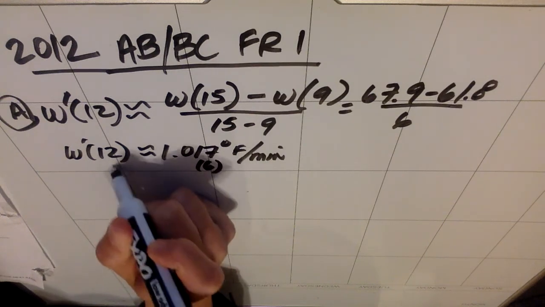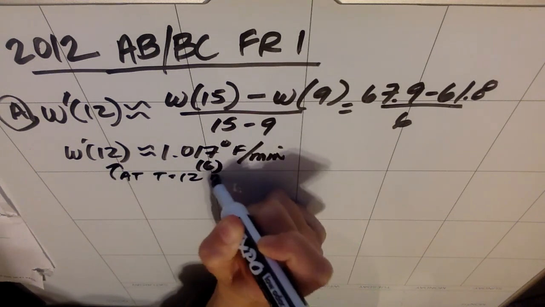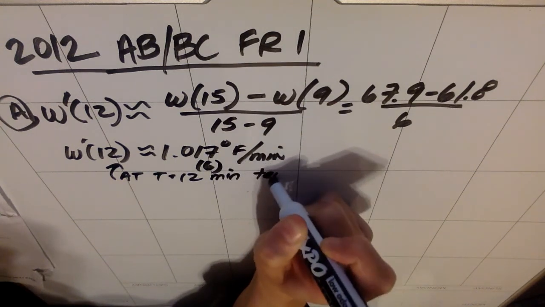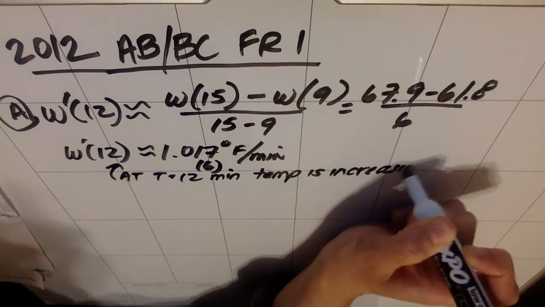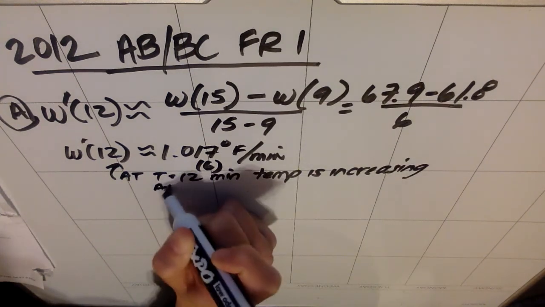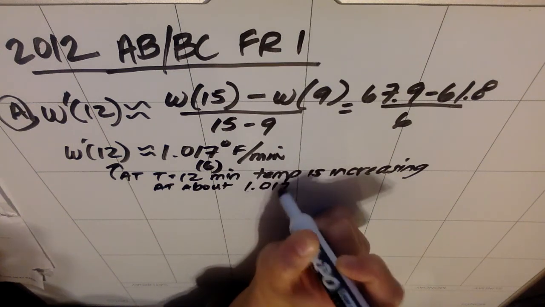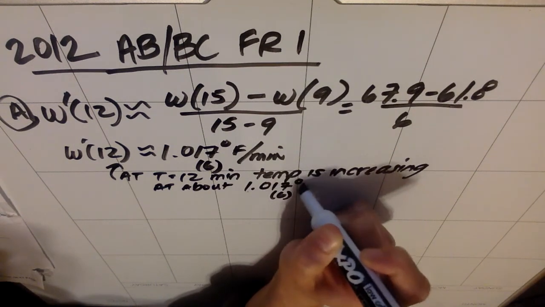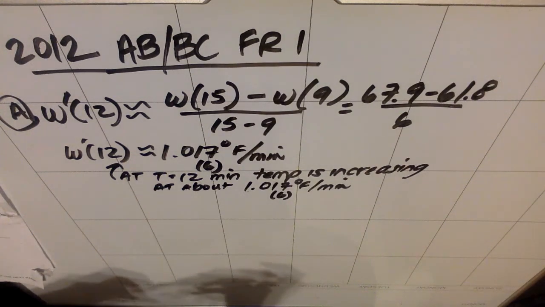So again, at t equals 12 minutes, the temperature is increasing at about 1.017 or 6, again, degrees Fahrenheit per minute. Okay? All right, so that's our part A.